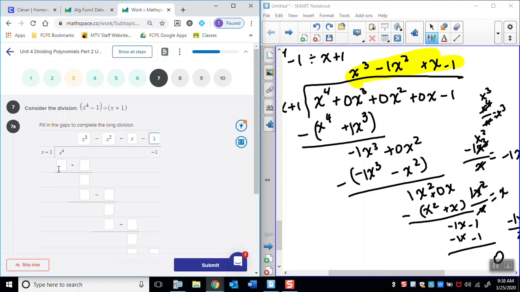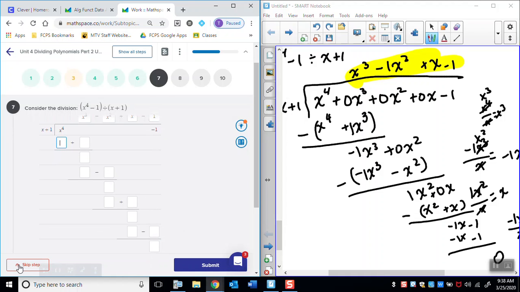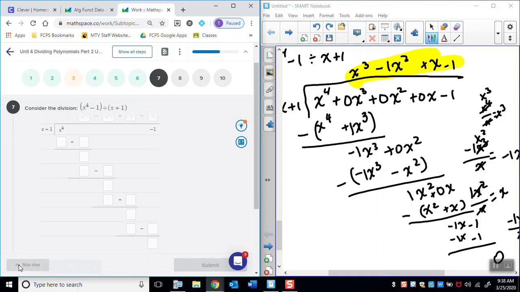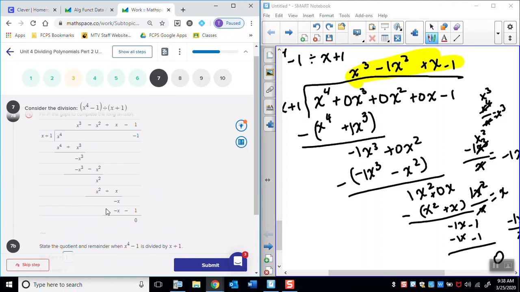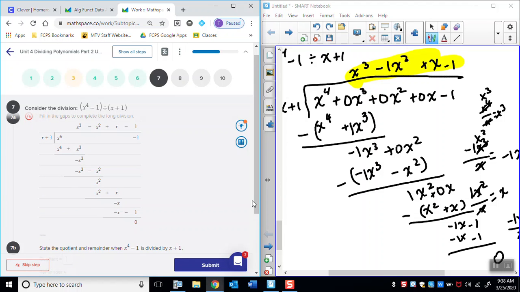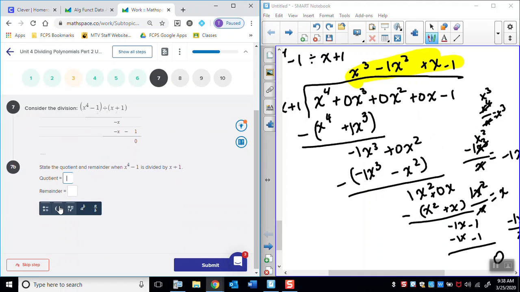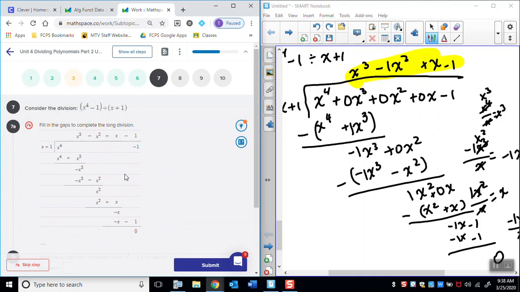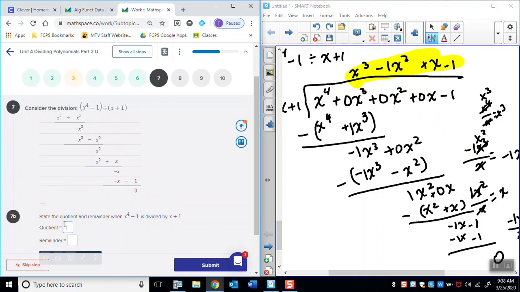This part right here, I don't like how MathSpace set it up, so I'm going to go ahead and skip it, and you can skip it in yours as well. Okay, I give you permission to do that, but we already did all this right here. I just don't want to go through it again. So my quotient is x cubed minus 1x squared.